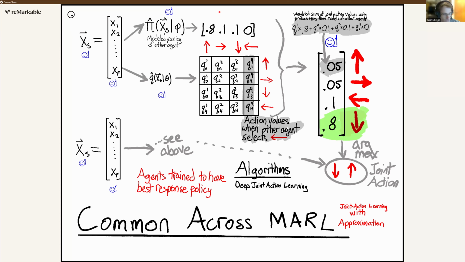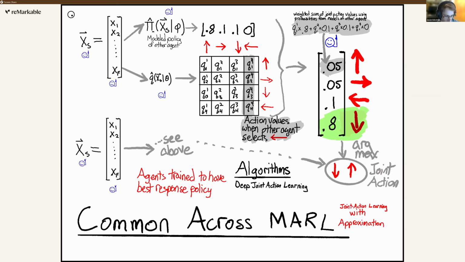Because we actually need this model to construct what we ultimately need to select an action, which is just the action values for this one agent, just like we had with independent Q-learning. But now, instead of the model itself just learning these four values, they are going to be computed using the joint action values and then the probabilities from the agent models, right?